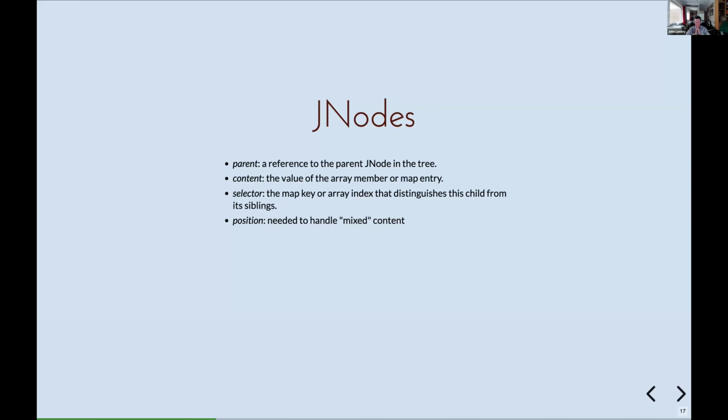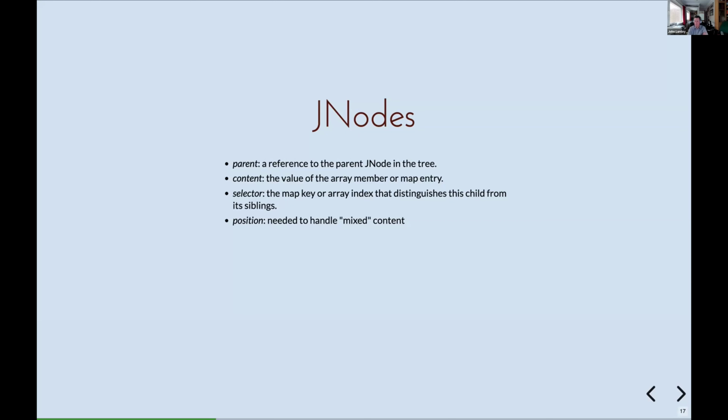So I can do sibling queries. I can drill down and up the tree, and search for all occurrences of a specific item. So this is what a JNode now has as a property.